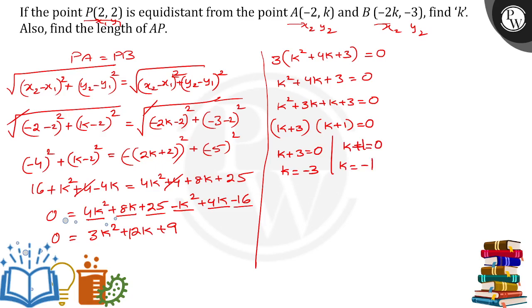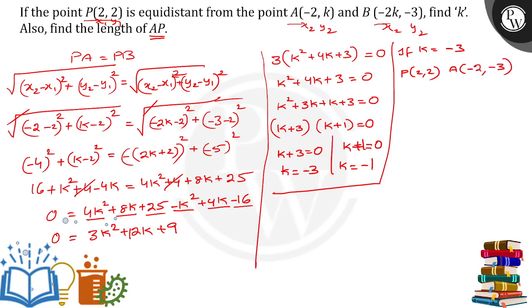Okay, so we need to find the length of AP, right? If we want to find the length of AP by using k equal to minus 3, then the point is P(2, 2) and point A is (-2, -3).